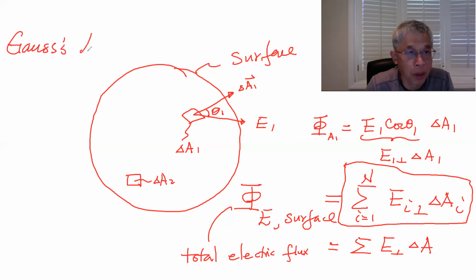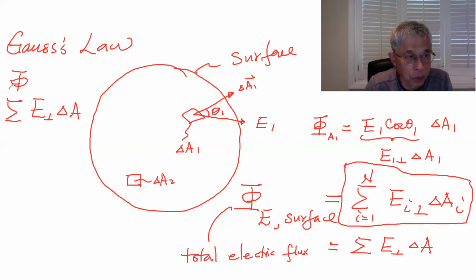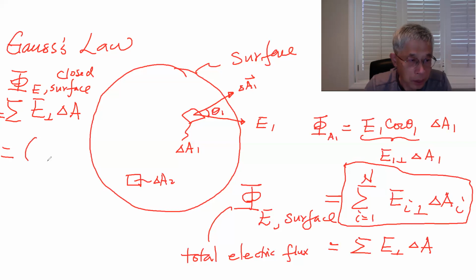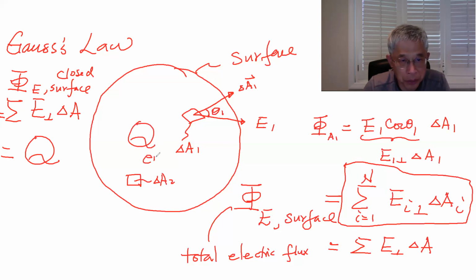Gauss's law says that the total flux, which is this sum of E perpendicular times delta A over this closed surface, everywhere added together, is equal to the total charge that's being enclosed.